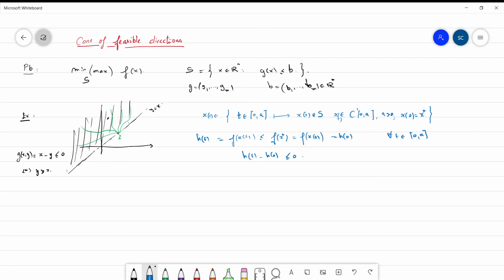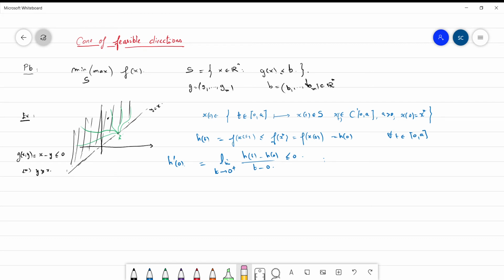If you divide by t, t is positive, t minus 0, then taking the limit, the limit exists since my function is differentiable. The limit of the ratio as t approaches 0 from the right will give me h prime at 0 is negative. Okay, so we deduce this condition.